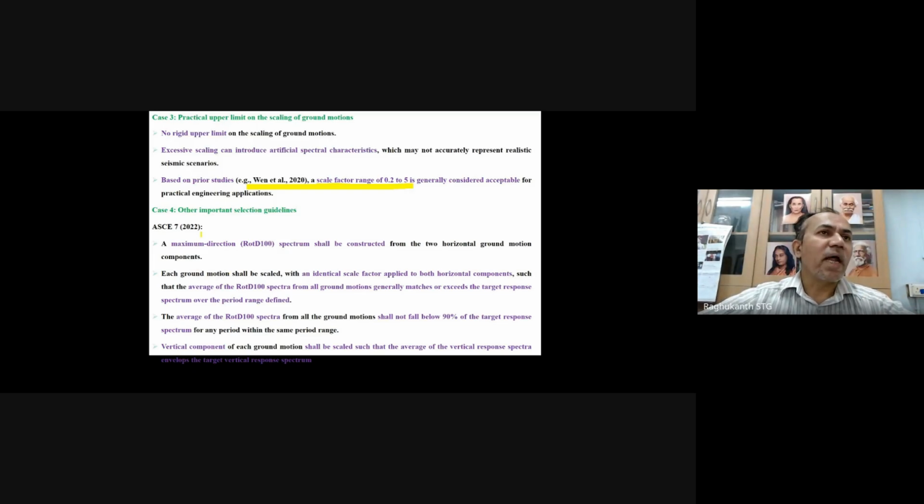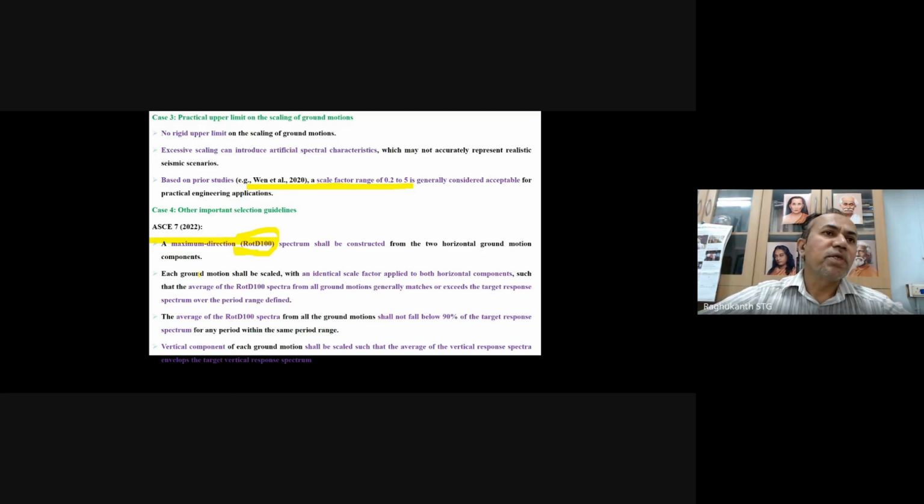And then the other thing is what response spectra has to be used. The code gives the design spectrum, okay. But when you want to do time history analysis, you can generate 2 horizontal components also. Bidirectional ground motion is required. So now how we generate this bidirectional motion is the issue here. This concept is what the RotD100 spectrum says. They say this should be used for the scaling of ground motion itself.